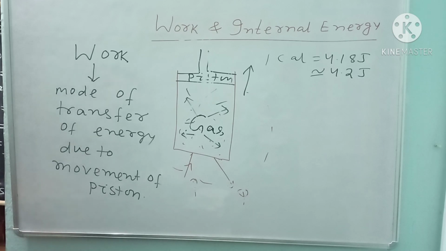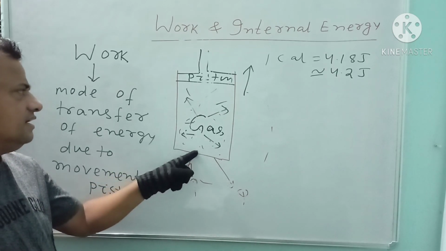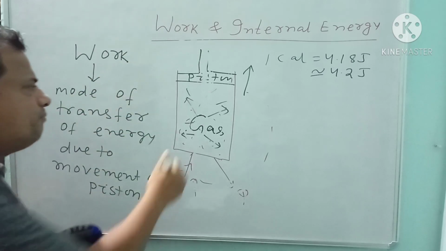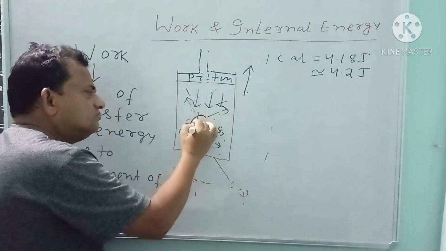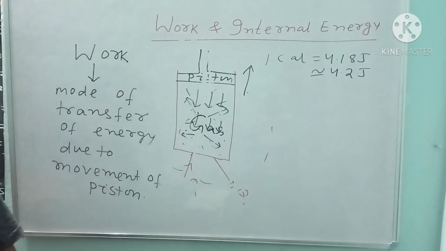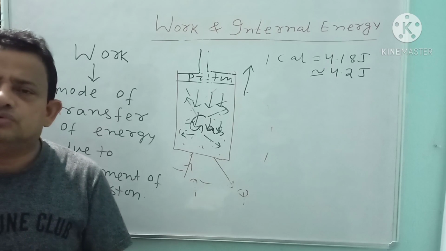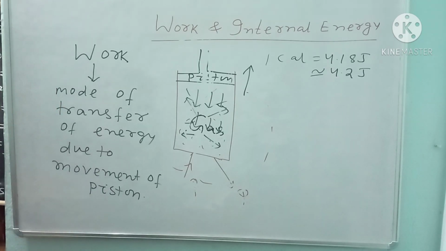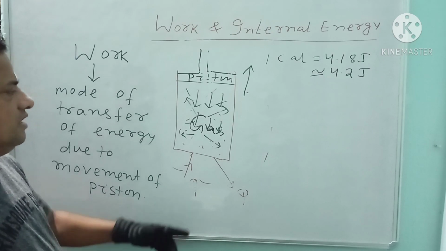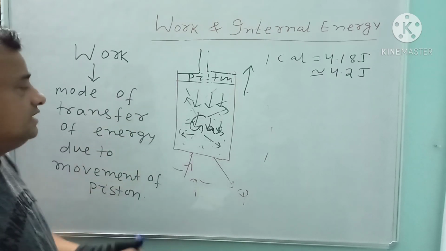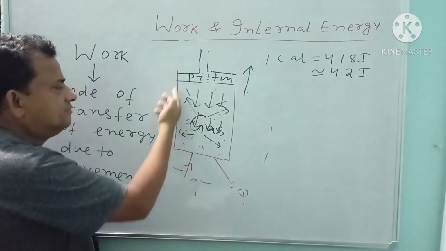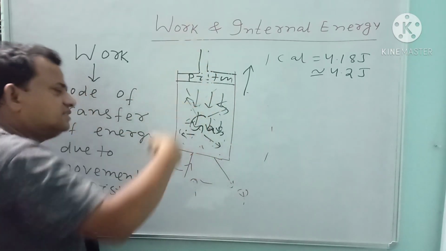Another difference you can take: when the piston is moved in a particular direction, the gas molecules move. That means the motion of the molecules is in an organized manner. But in the previous case, in case of heat, they move randomly. But in this case, the gas molecules move in a particular direction.